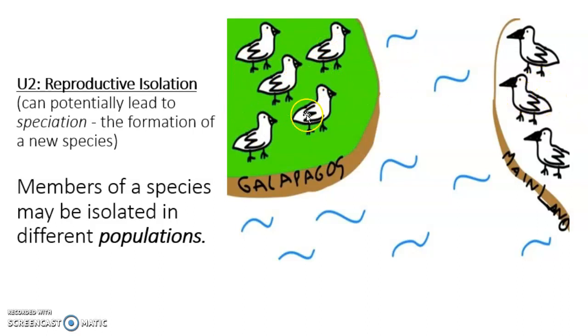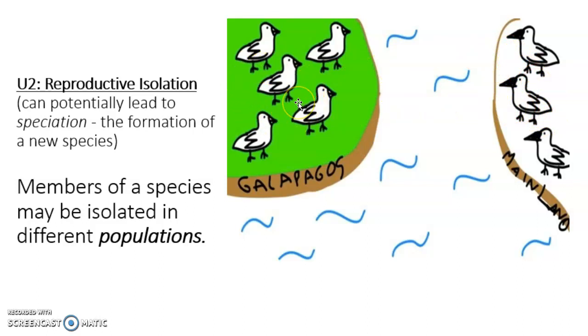These are two populations of birds which have split apart from each other across this waterway, and now they are no longer going to reproduce with each other. They are now reproductively isolated from each other. Now, this can eventually, given enough time, lead to two different species of birds.